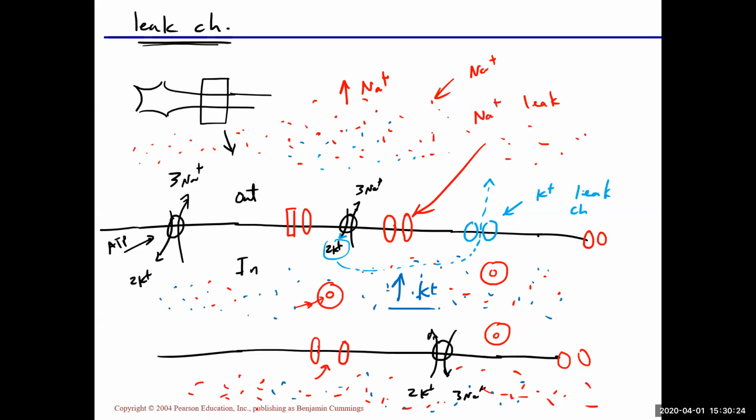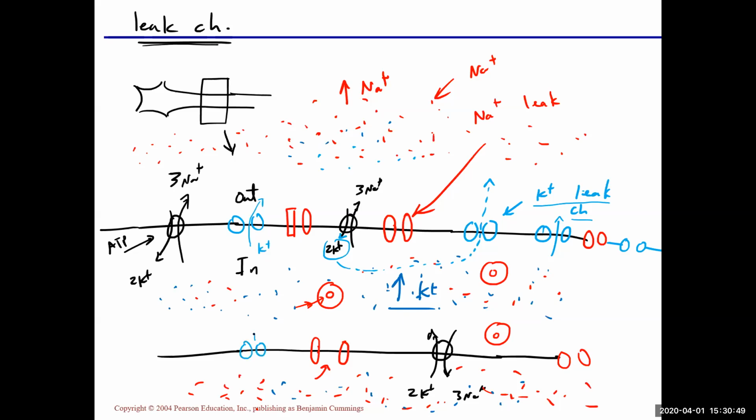Now, before we put in sodium, there are actually more potassium leak channels. So right now I'm putting in less. It would be a good idea to put in more of these leak channels. All right, so leak channels are always open, so potassium can leave.